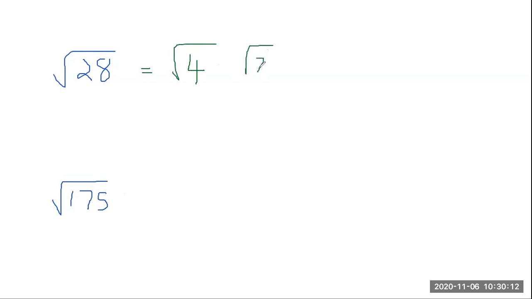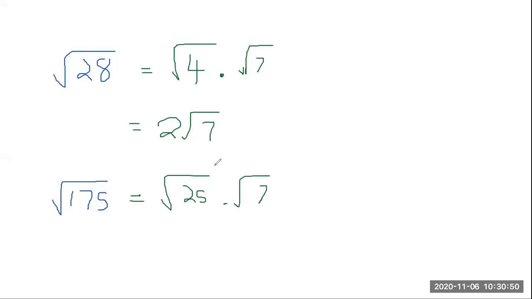The square root of 4 is 2, and then I'll just put back square root 7. What about this next one? How would I split up 175? It's square root 25 times square root 7, because 7 times 25 is 175. So then my answer is 5 square root 7.